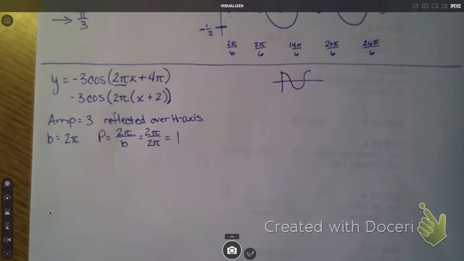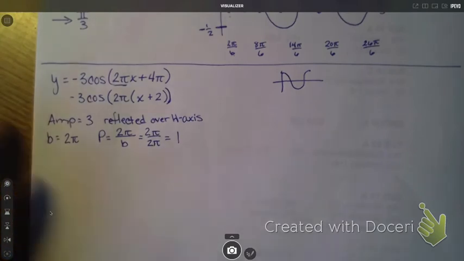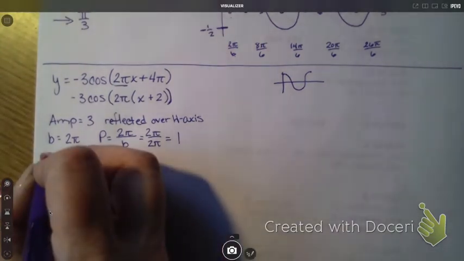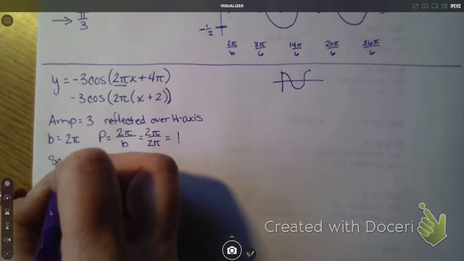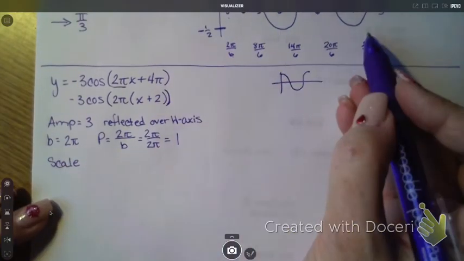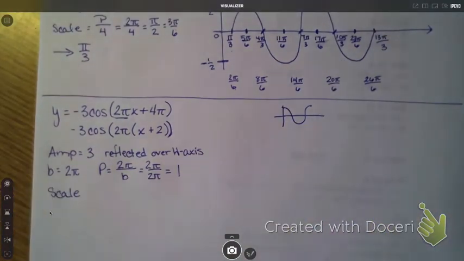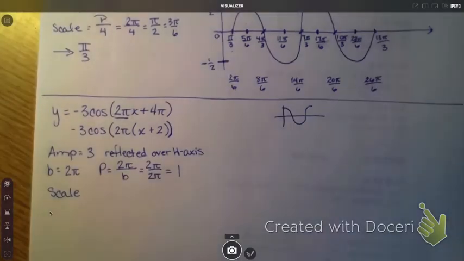Okay, period is 1. Then I'm going to do scale, so I know what to label it. If you look in the book, they say to solve an equation for each one. If you know your starting point and you know your scale, you don't have to do an equation on 5 points. You just add your scale. Isn't that much easier?